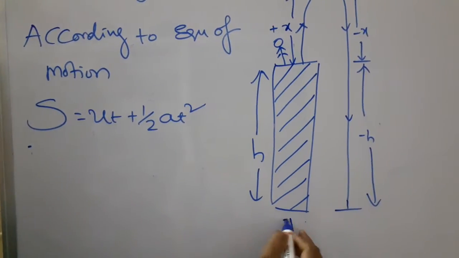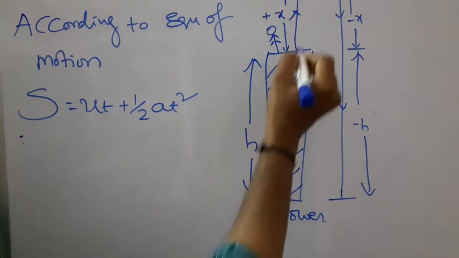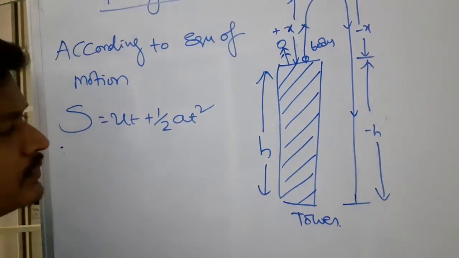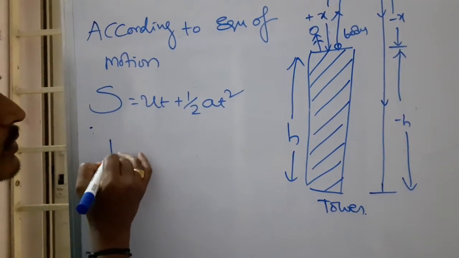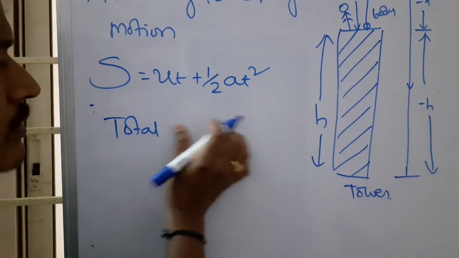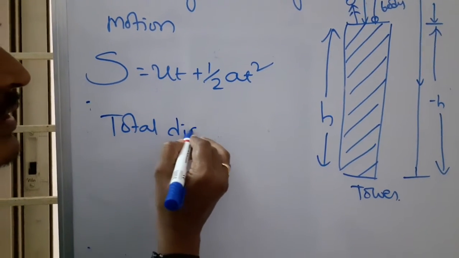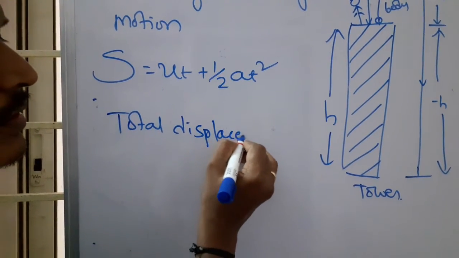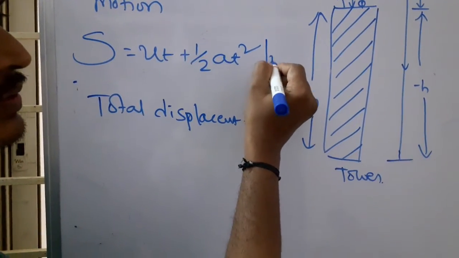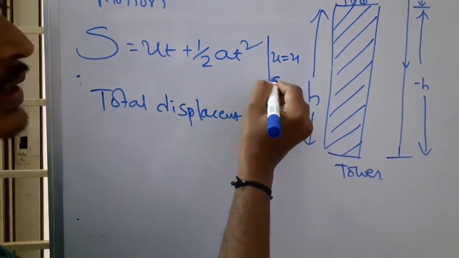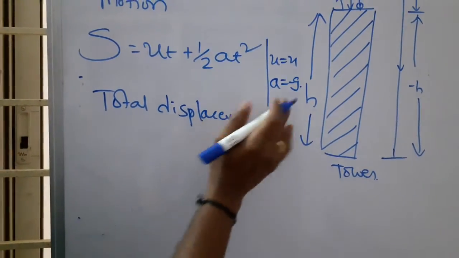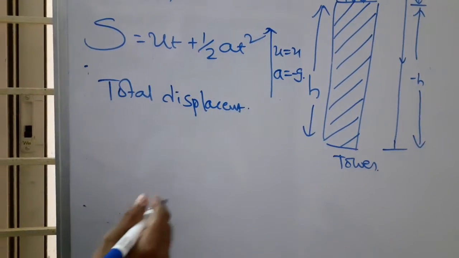This is the tower, this is the body projected up. Now total displacement, here u is equal to u, a is equal to minus g, conditions whenever a body is thrown vertically up.